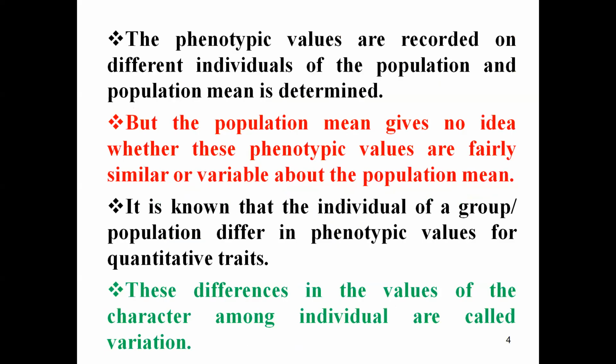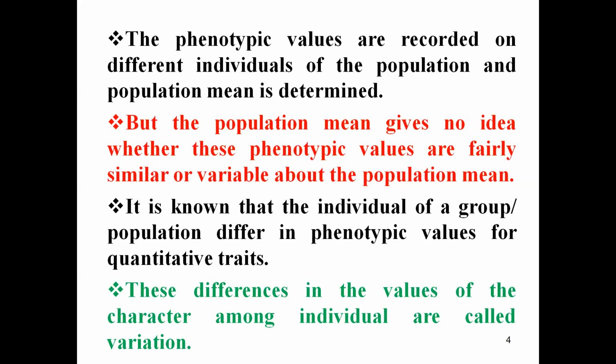In the field or any other experiment, we take some observations on certain characters and record phenotypic values. So phenotypic values are recorded on different individuals of the plant population and the population mean is determined. For example, we take plant height.